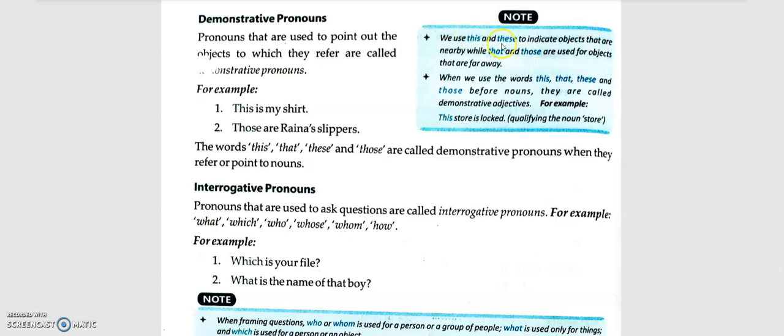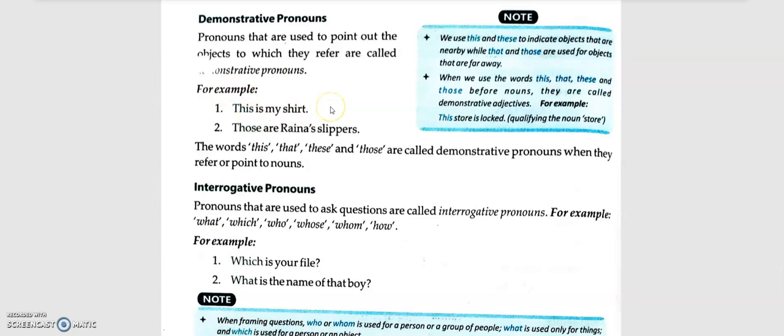We use this and these to indicate objects that are nearby, while that and those are used for objects that are far away. So this is singular, these is plural when we want to say something that is near us. This book, these books, it means they are near us. But when we want to say something that is far, that boy, those boys, we also have singular and plural in this.